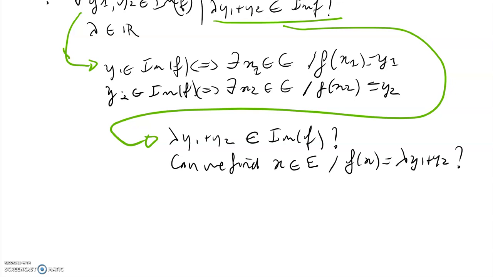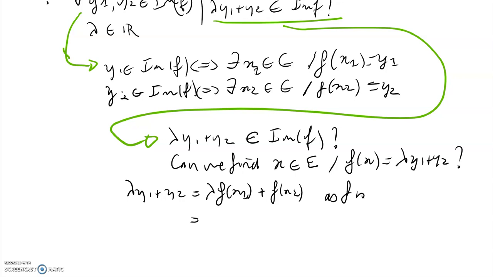Very easily we can say that lambda y1 plus y2 is equal to lambda times f of x1 plus f of x2, because y1 was equal to f of x1 and y2 to f of x2, and this is where we can use the linearity of the map f.